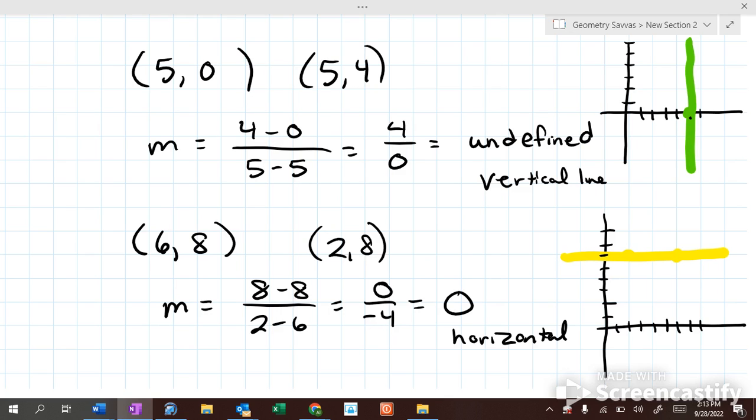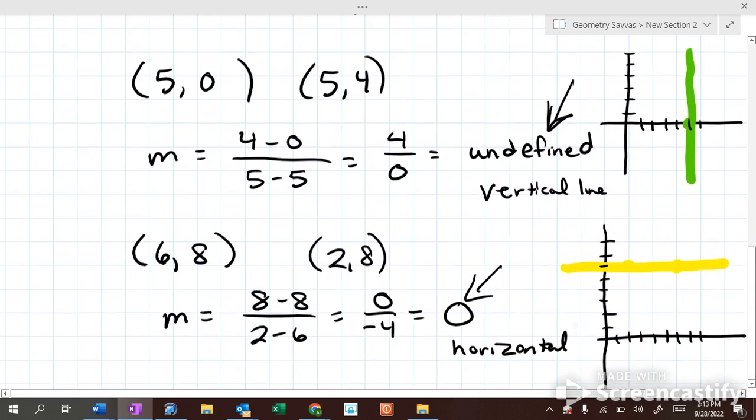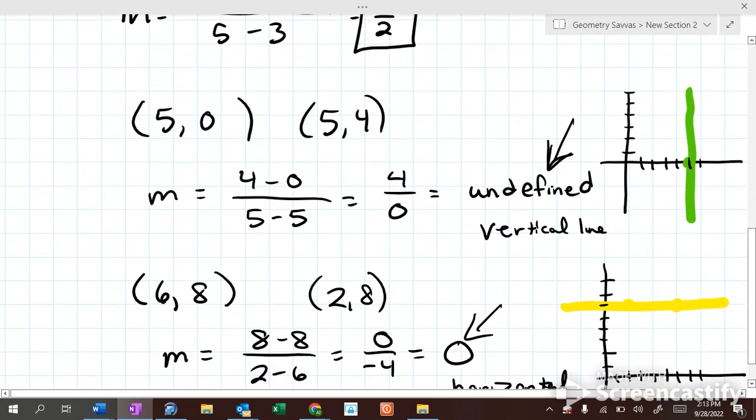So that's why you can't ski on it. If you can't ski on it, it's undefined. Okay? You can ski here, but you're getting 0 help. You can't ski here. Okay? You can't ski on a vertical line or a vertical hill, straight vertical. Okay? All right. So that's finding slope.